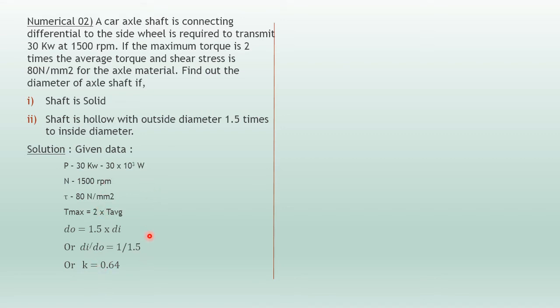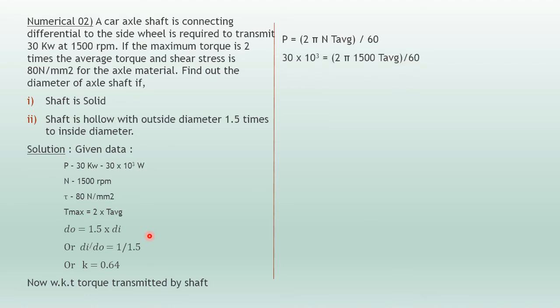Let's solve the numerical further. As we know, the power transmitted by the shaft is P equal to 2 pi N T average divided by 60. So put all the numbers in this equation, that is 30 into 10 to the power 3 equal to 2 pi into 1500 times T average divided by 60.